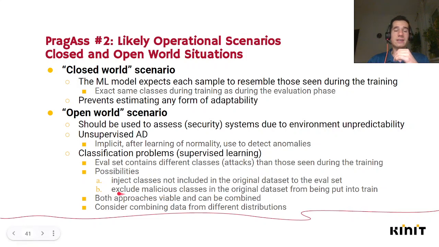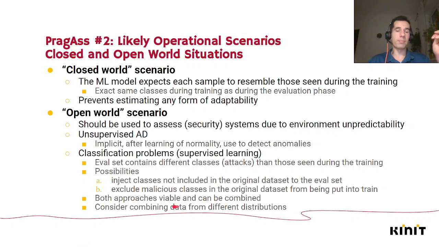The second option is to exclude malicious classes in the original dataset from being put into the training set. So we exclude one class from training and then test with all classes possible. This can introduce some bias as well, but we cannot always prevent bias. So both approaches are viable and can be combined.